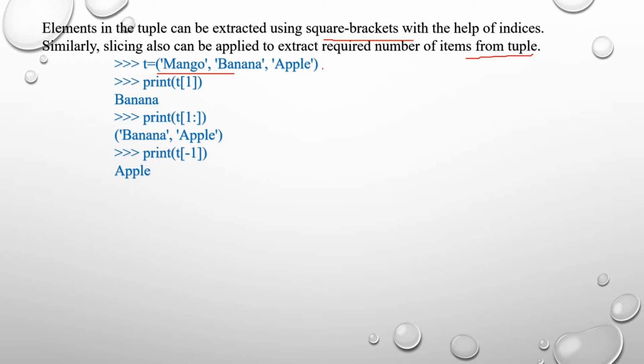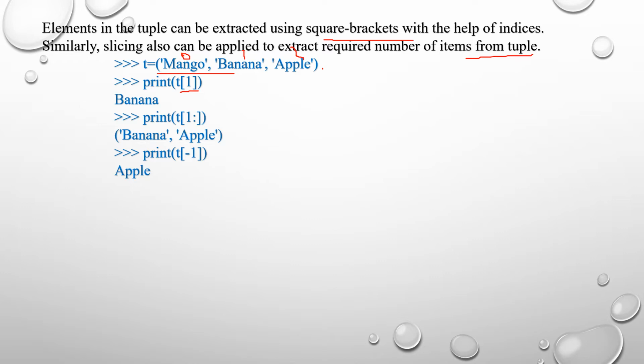So if you print t of 1, this will print the first indexing value. Here mango is the 0 indexing value, banana is the first indexing value, and apple is the second indexing value.